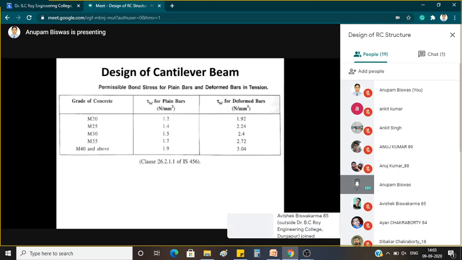So the next step is to find the curtailment of bar. Okay, so to find the curtailment of bar, we know that the criterion is that the span should be minimum half of the effective span. And we can obtain the value of tau bd, that is the design bond strength.